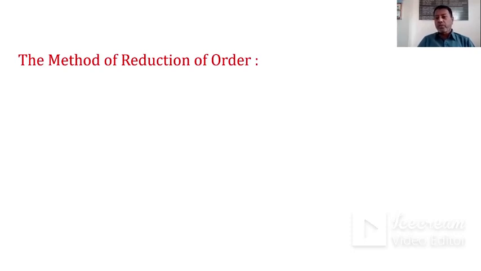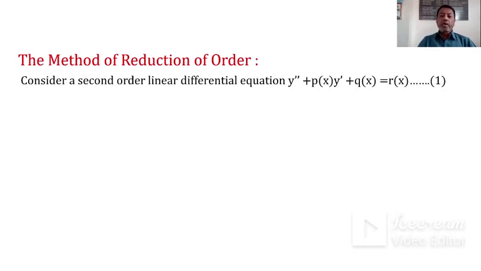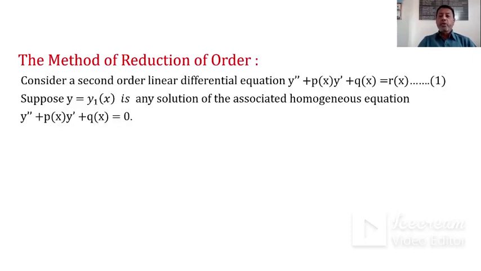of the associated homogeneous differential equation y'' + p(x) y' + q(x) y = 0. Then this y1 satisfies this associated homogeneous differential equation, and we take the substitution y = y1 v.